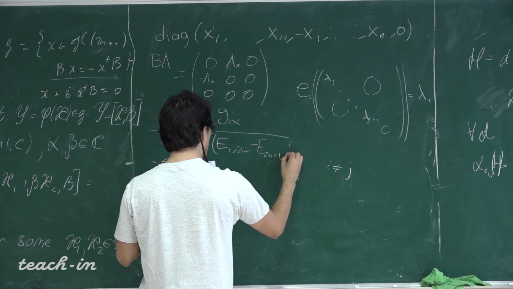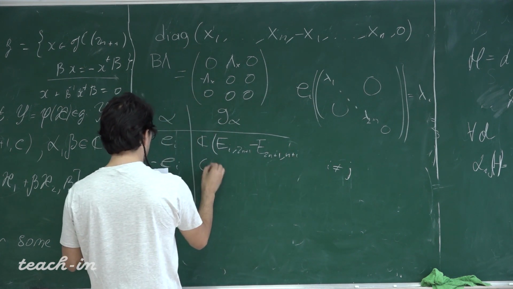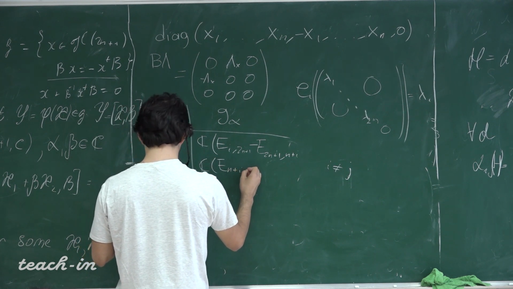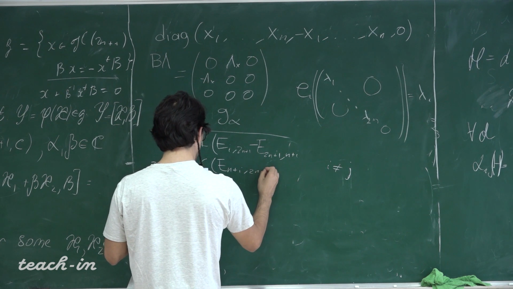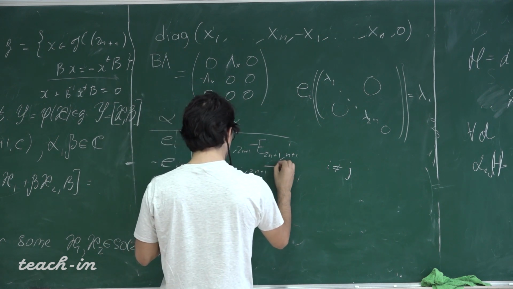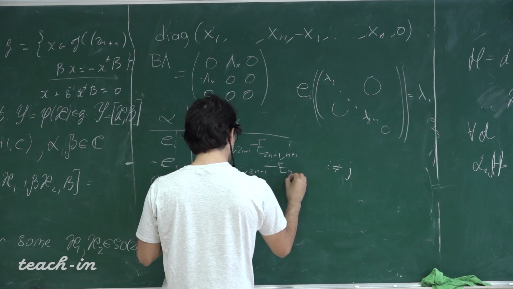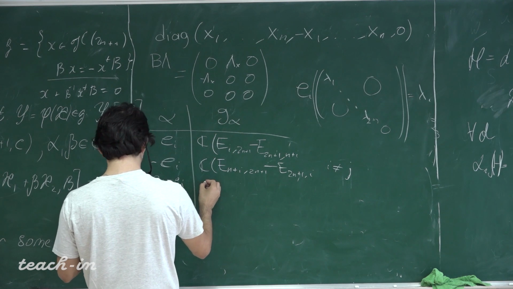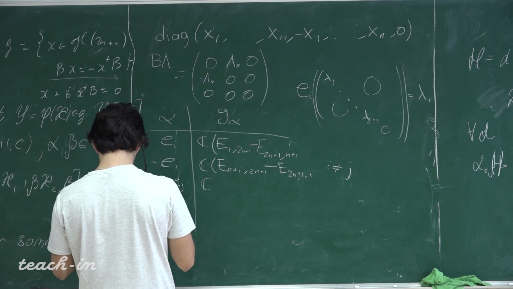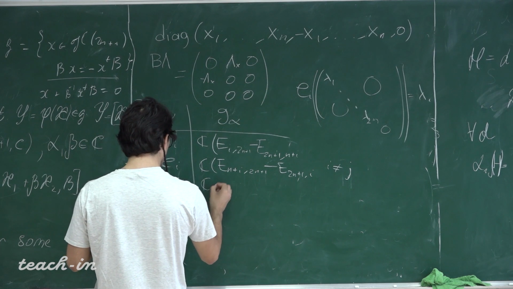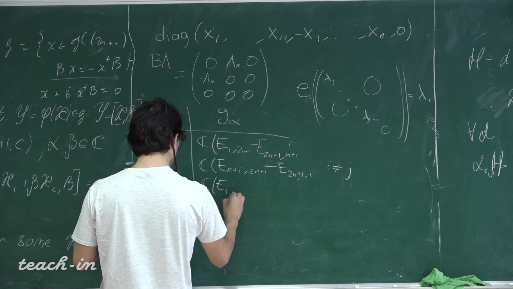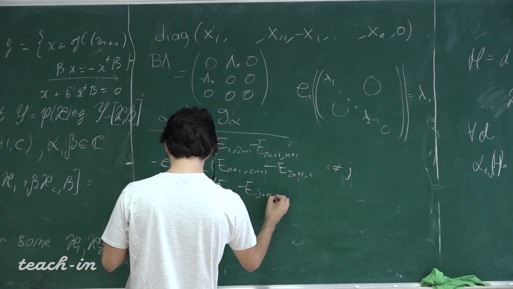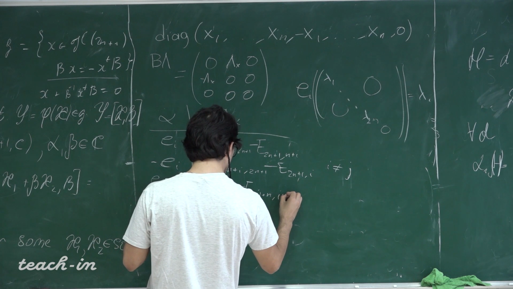One, n plus I. This one is n plus I. 2n plus 1 minus e, 2n plus 1 I. And this one is j plus n, comma, I plus n.